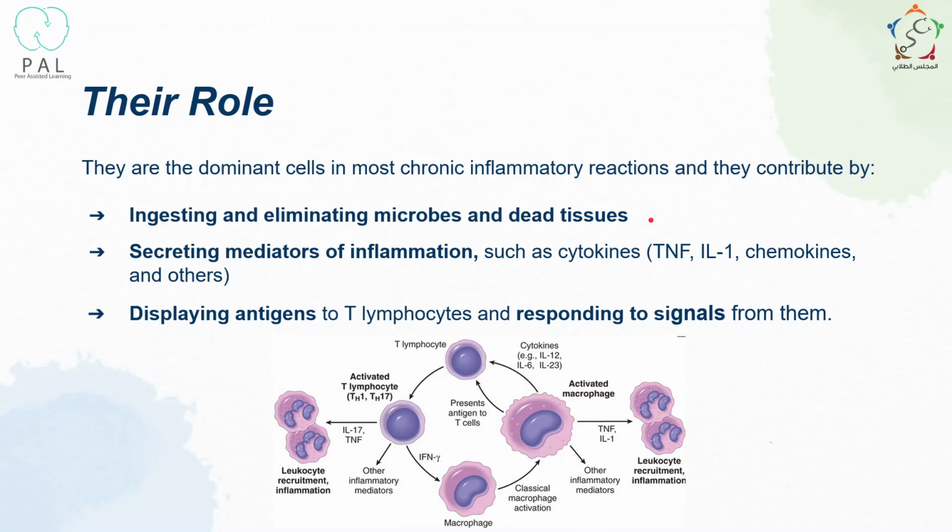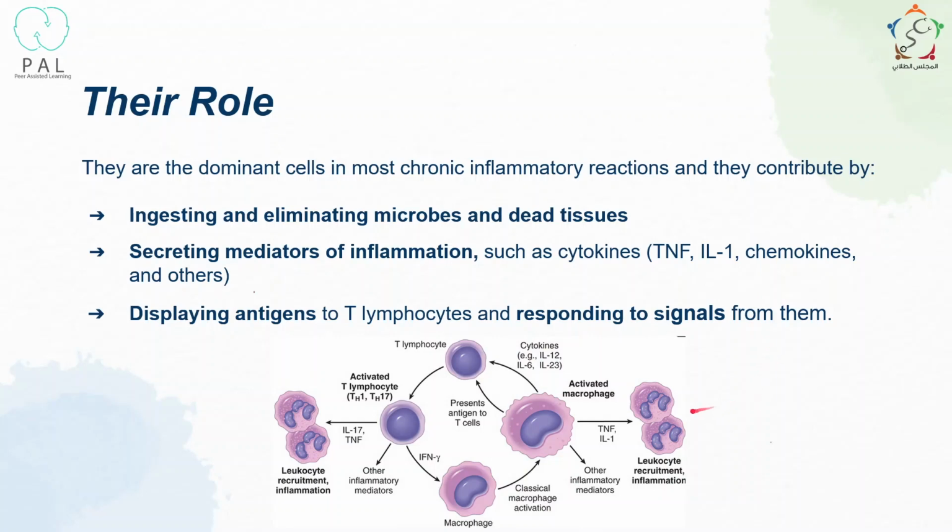So this is when we imagine macrophages. This is the task we imagine them completing. Another very important role they have is secreting mediators of inflammation, such as cytokines, notably tumor necrosis factor, interleukin-1, and other chemokines. The third role is to display antigens to T lymphocytes and respond to signals from them.